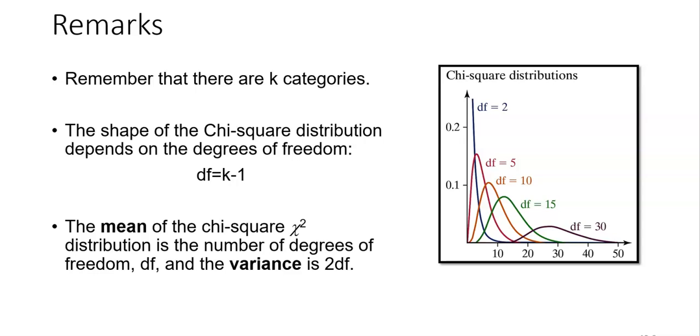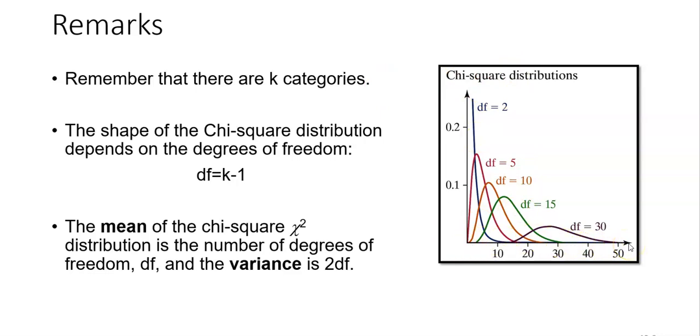And one thing to notice is chi-square statistic measures the square deviations, hence since square values are non-negative, chi-square distribution takes non-negative values only.